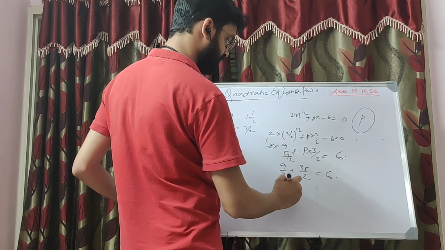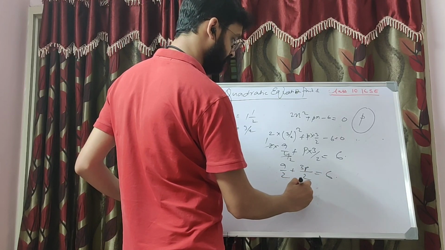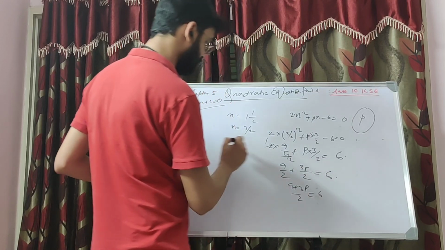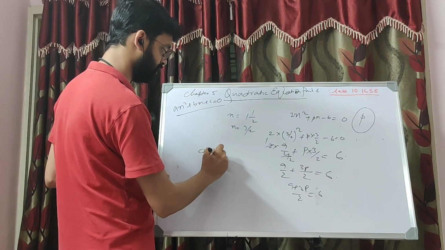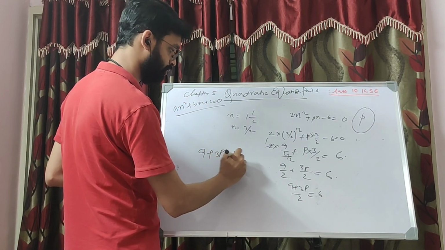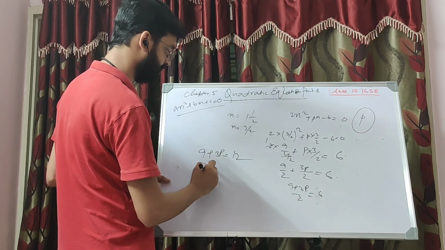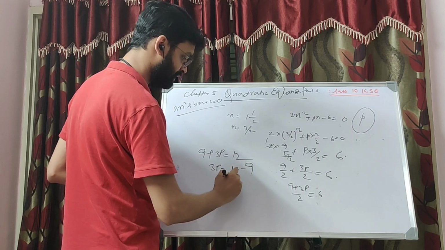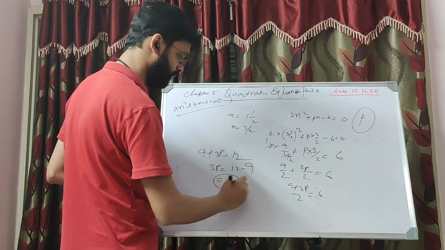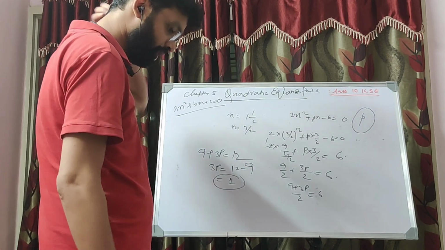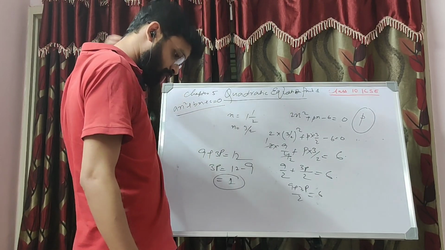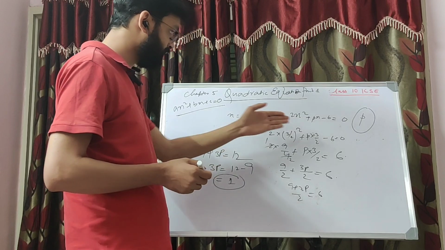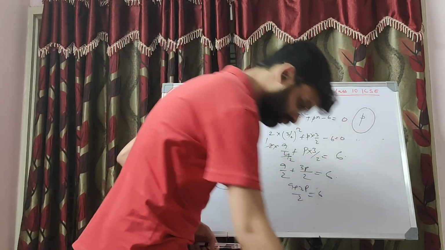When we take the LCM, it is 9 plus 3p by 2 is equal to 6, where 2 goes to that side. So it becomes 9 plus 3p is equal to 12. So 3p is equal to 12 minus 9, that is p is equal to 1. So I got the value of p is equal to 1.